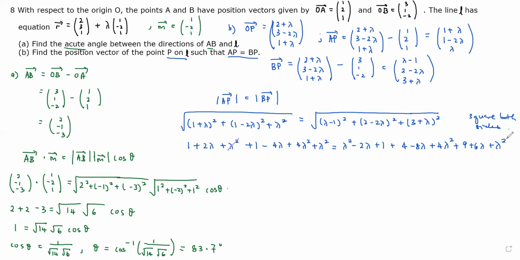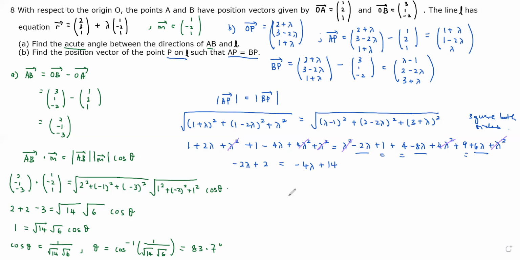We have a lambda squared and a lambda squared on both sides, so we can cancel those. So the 4 lambda squared and this lambda squared can all be cancelled. Then we have negative 2 lambda plus 2 on the left. And on the right, we have negative 10 lambda plus 6, so we have minus 4 lambda, and 1, 4, and 9 give 14.